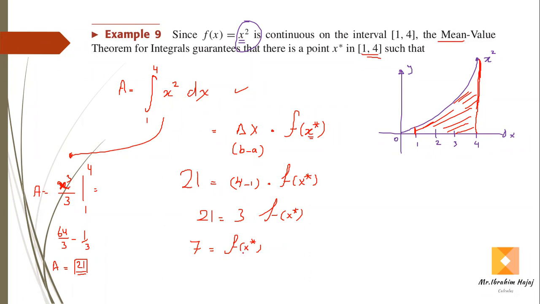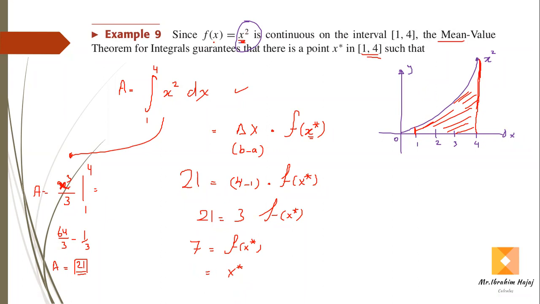But what does it mean by x star itself? We want to find x star itself, the value c that lies between 1 and 4. What value can you plug in here such that it's equal to 7? It should be radical 7, right?